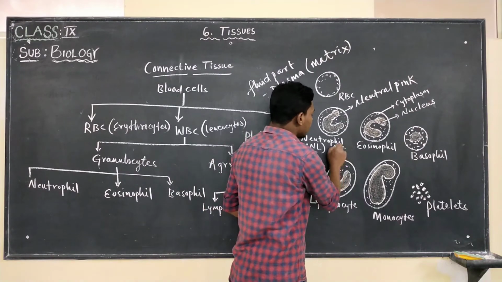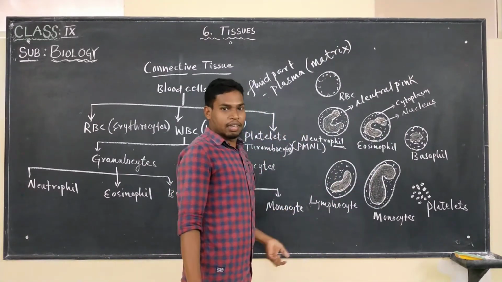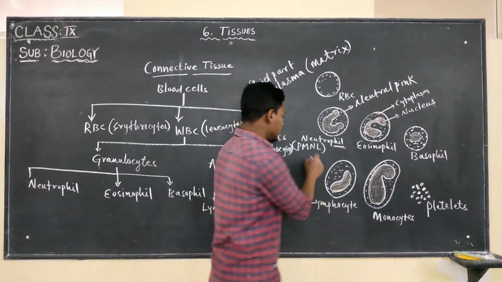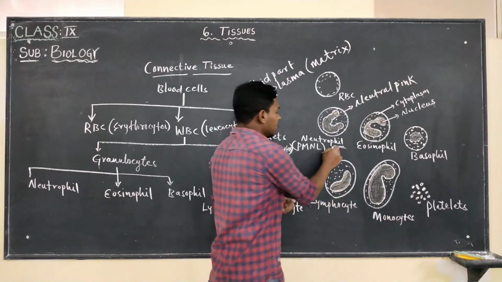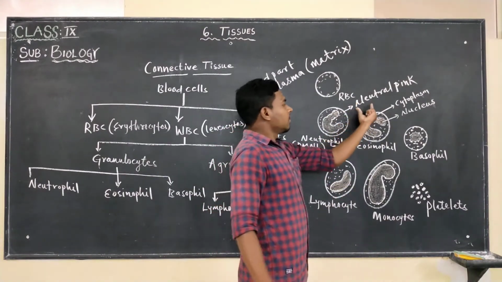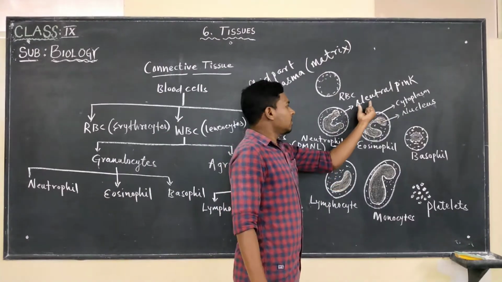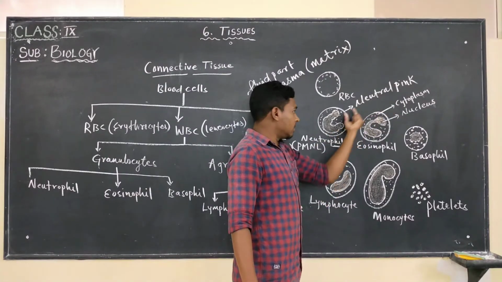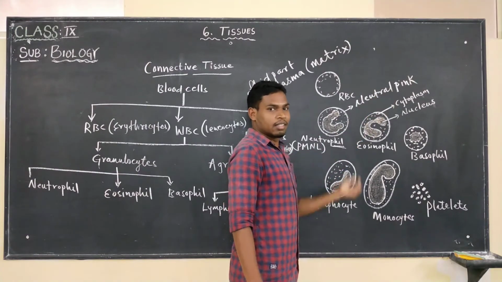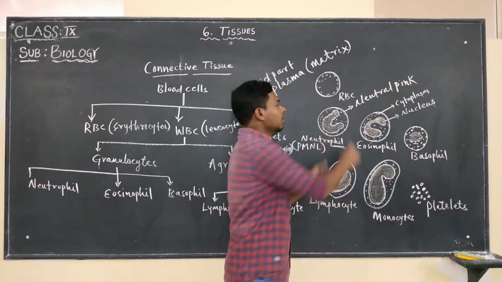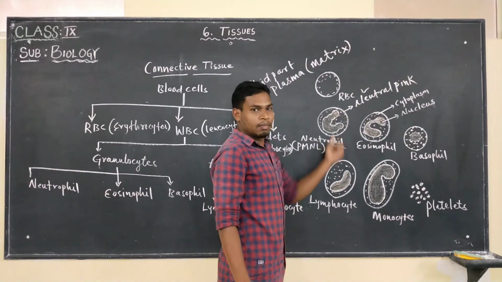Phil means like or attraction. So when it is stained, it attracts both acids and bases, and it is colored as neutral pink.